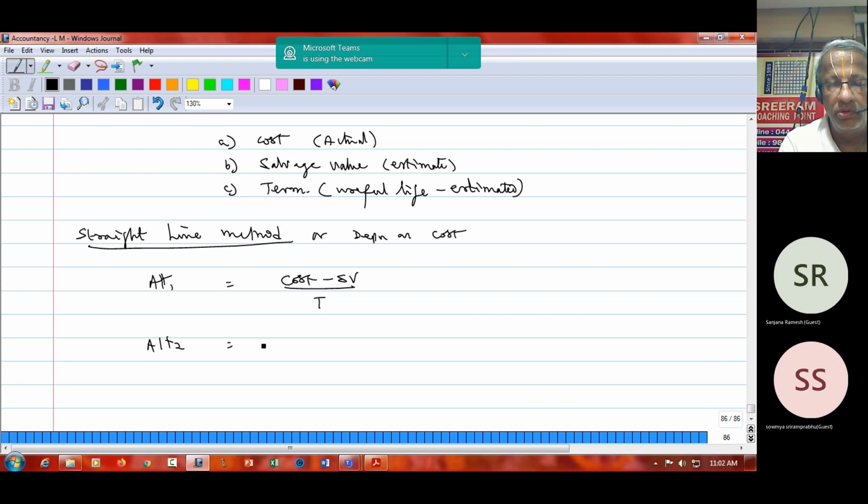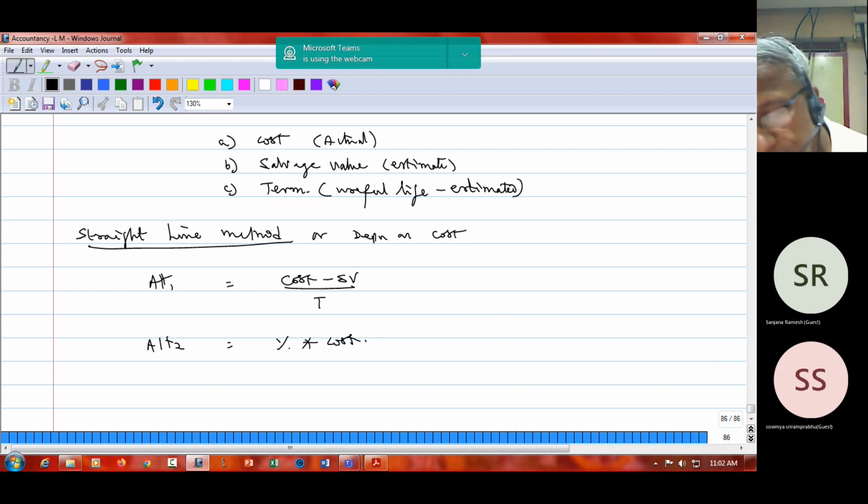Alternative number 2, percentage into cost. Don't say which one is superior and which one is inferior. You can't tell like that. Which one is more accurate? Depreciation is never accurate. It's only an estimated figure. So therefore, such a question cannot be asked.